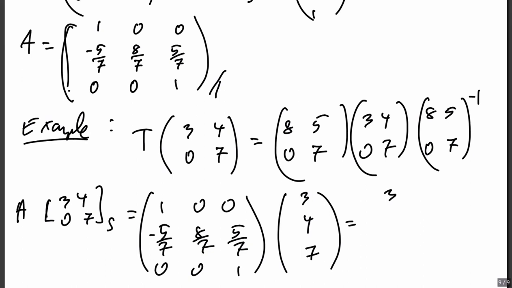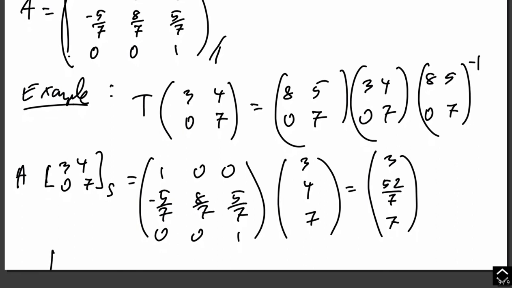And then this becomes the vector 3, and minus 15 plus 32 plus 35, that's 52 over 7, and 7.